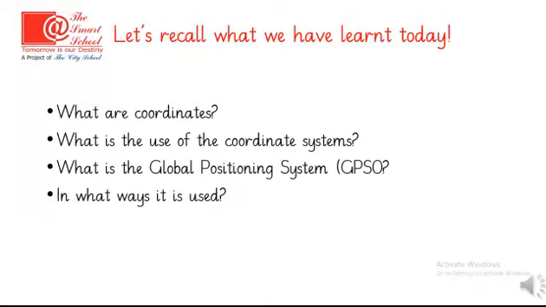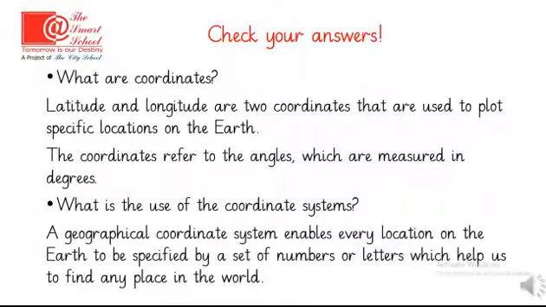What are coordinates? What is the use of the coordinate system? What is the global positioning system? In what ways is it used? Check your answers. What are coordinates? Latitude and longitude are two coordinates that are used to plot specific locations on the earth.